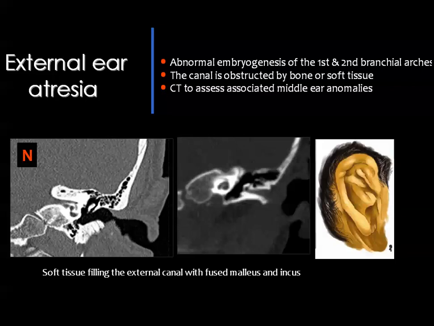One of the well-known anomalies of the external ear is the atresia of the external auditory canal, and we have two types of canal atresia: the membranous type or the soft tissue type, and the bony type.